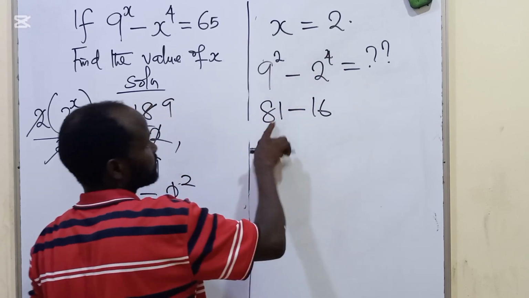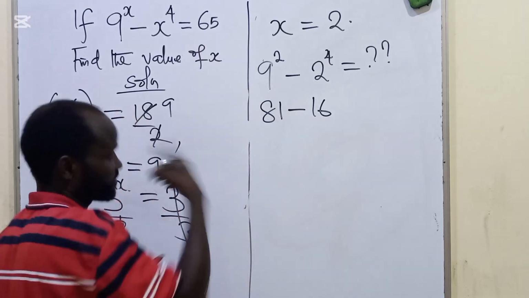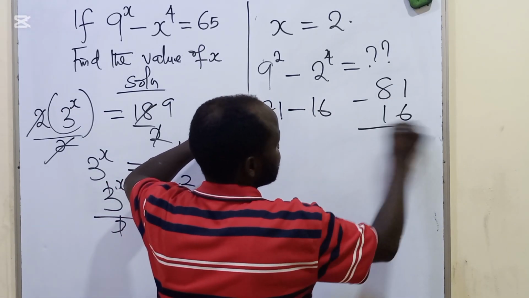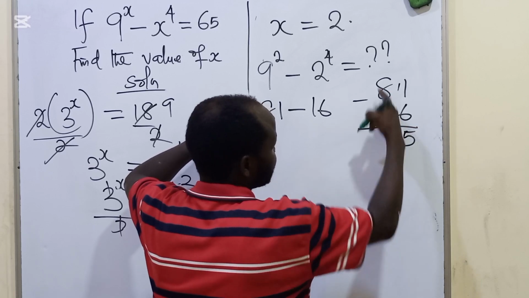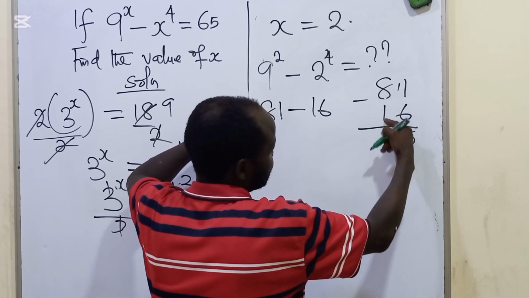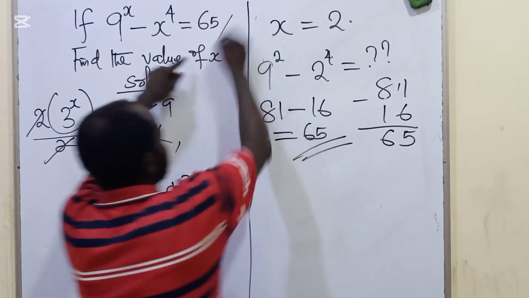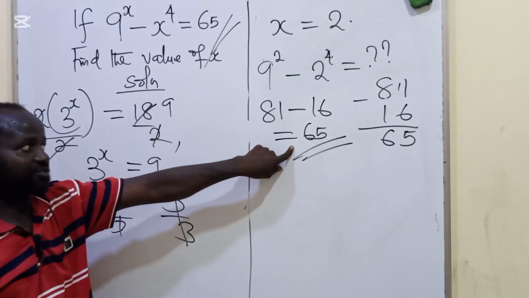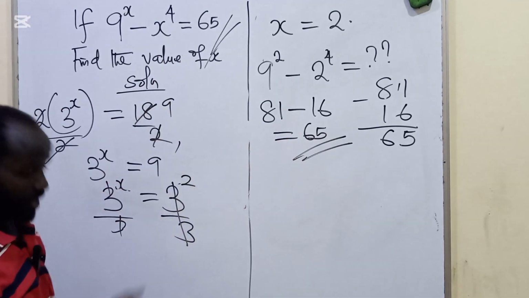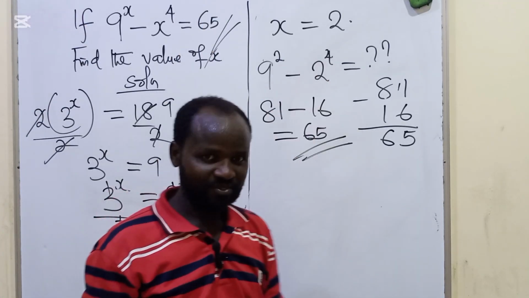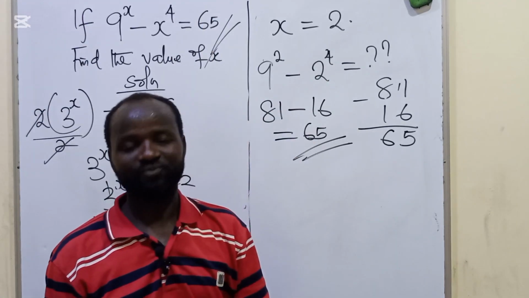Let's subtract: 81 minus 16 is 65. So the left hand side and the right hand side are the same. Truly, the value of x that will satisfy this equation is nothing but 2. So this is the solution to this question.